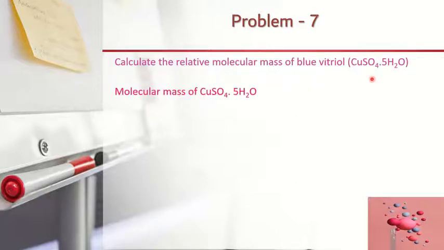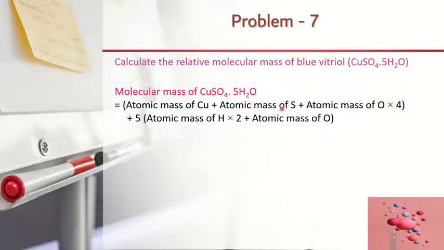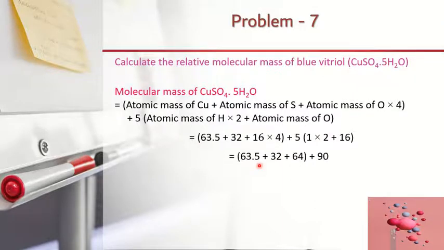So the molecular mass of copper sulfate 5 water is atomic mass of copper plus atomic mass of sulfur plus atomic mass of oxygen times 4, plus 5 times, because there are 5 moles of water here, atomic mass of hydrogen times 2 plus atomic mass of oxygen. You know all these atomic masses, so put in these values and it comes to 249.5.